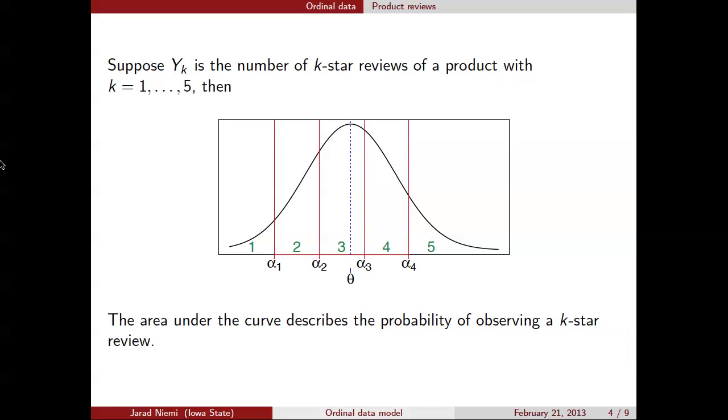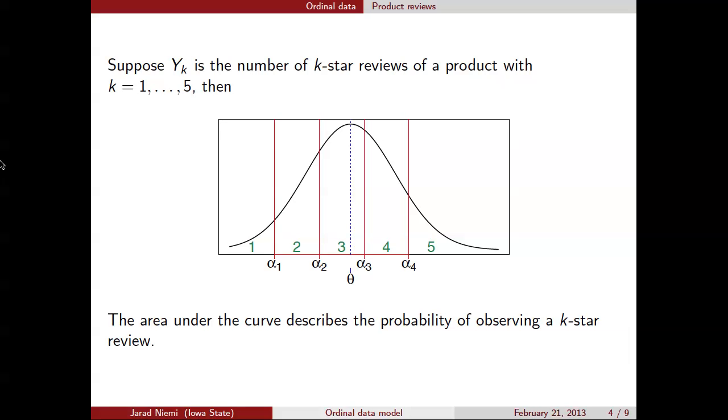Whether or not this is true, you might observe this in certain circumstances. And so what would happen here is that when you estimated these alphas, you would find alpha 2 and alpha 3 be very close to each other if not many people used that 3-star category, because then the area under this curve is going to be not very big for that 3-star category.